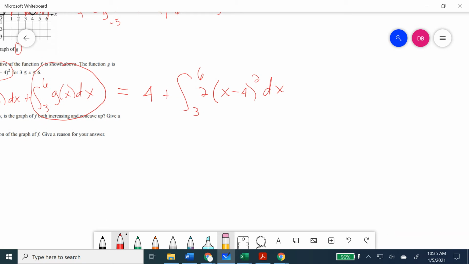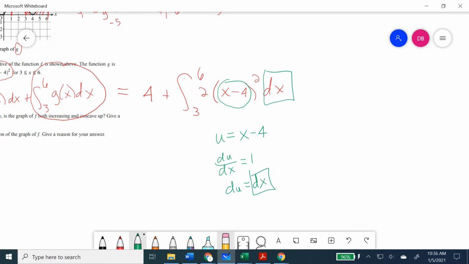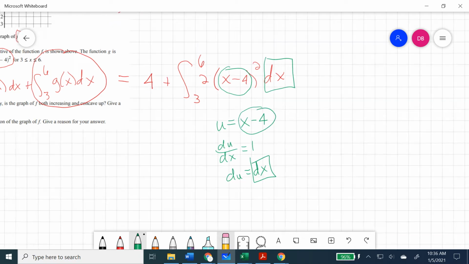Easiest way through it is going to be through a u substitution. du dx is 1, so that means that du is equal to dx. And so I'm going to replace my x minus 4 with a u and my dx with a du.